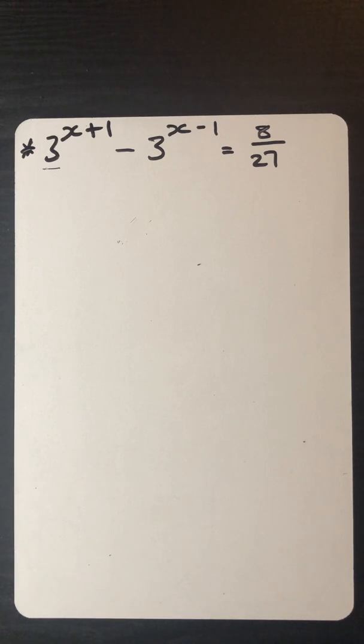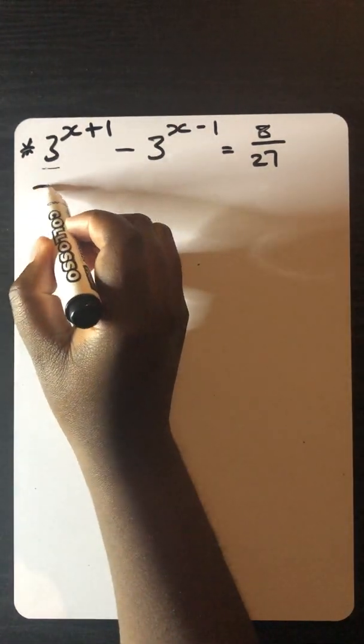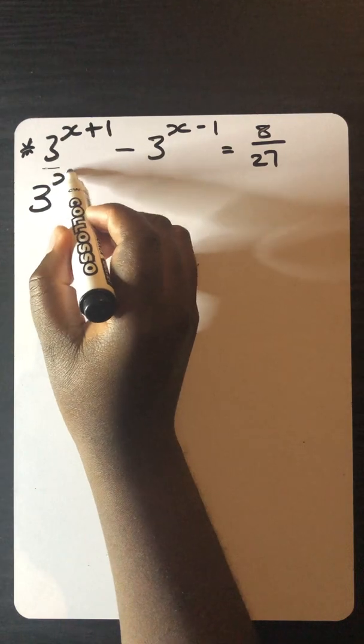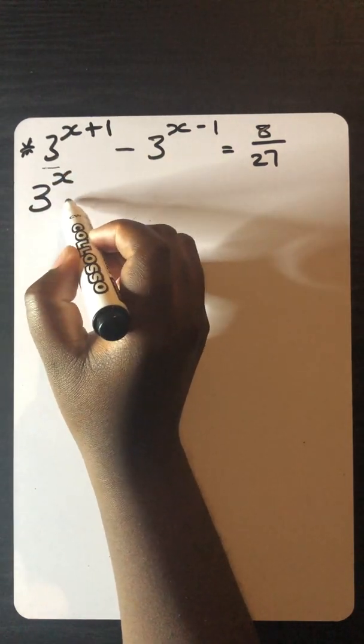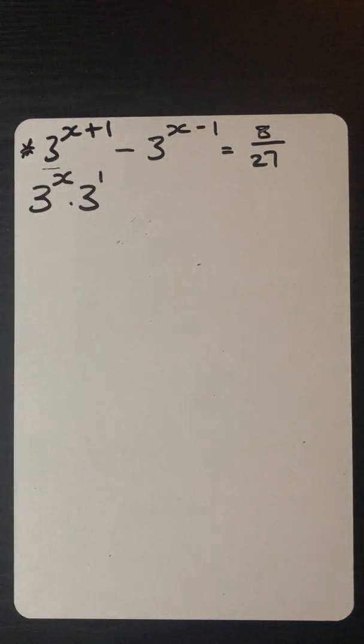I'm not really sure in terms of the best explanation, but let me start with the first step, and that's when you will understand exactly what I mean. We've got 3 to the exponent 3 multiplied by 3 to the exponent 1.